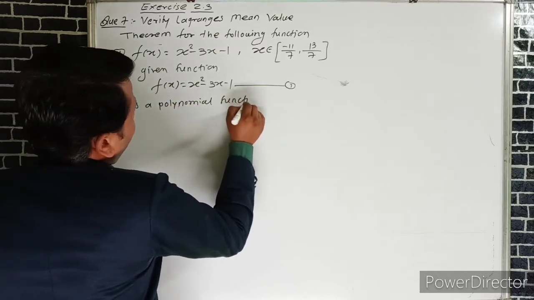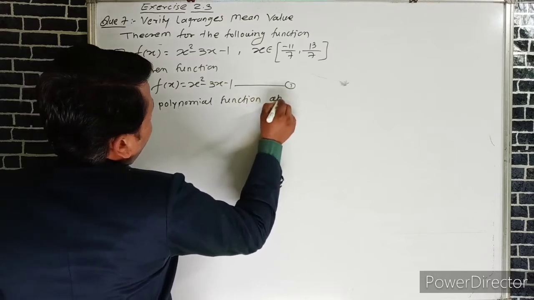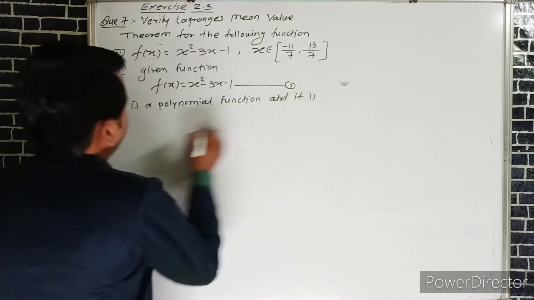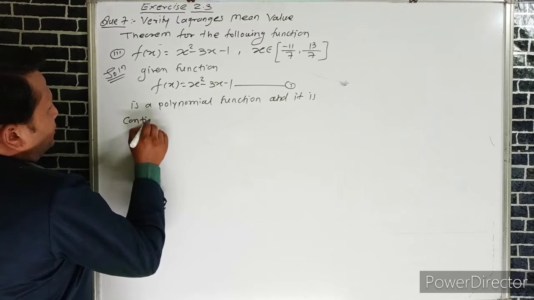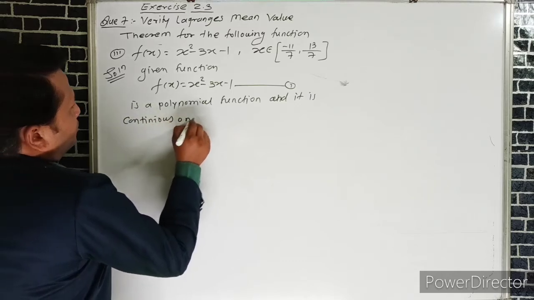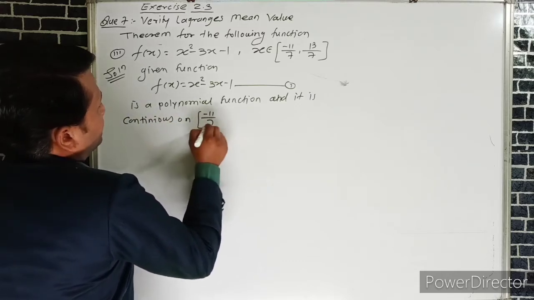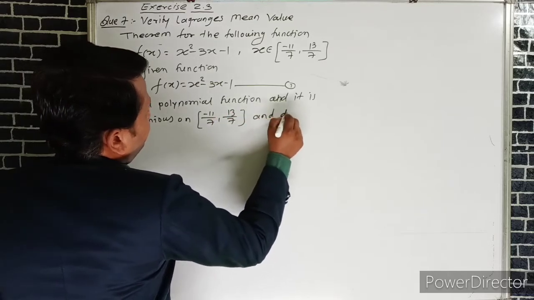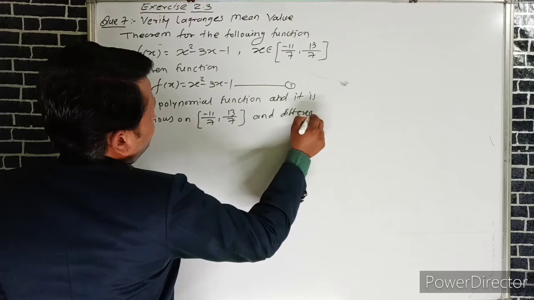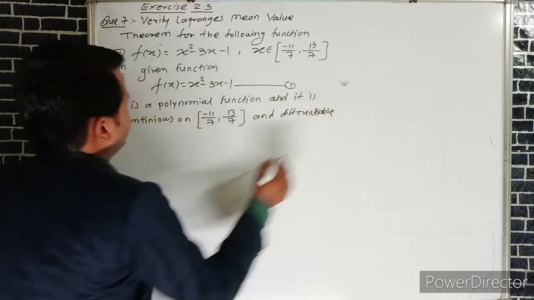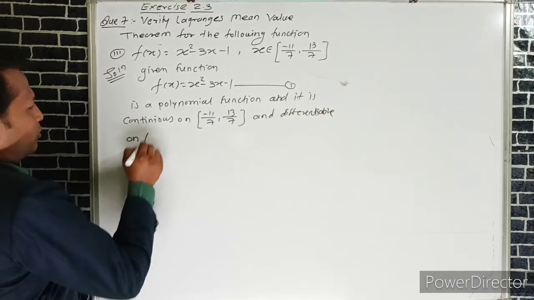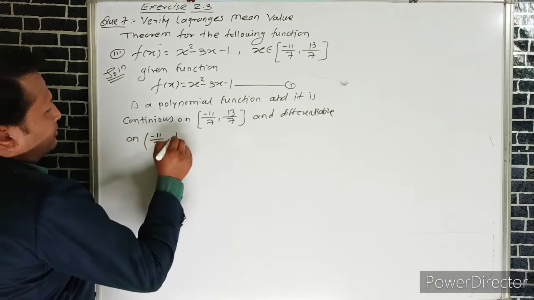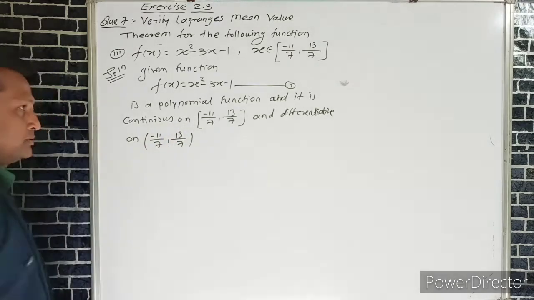And it is continuous on the closed interval [minus 11 by 7, 13 by 7], and differentiable on the open interval (minus 11 by 7, 13 by 7).